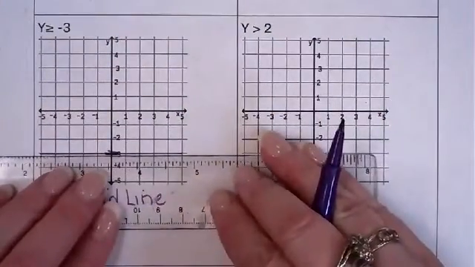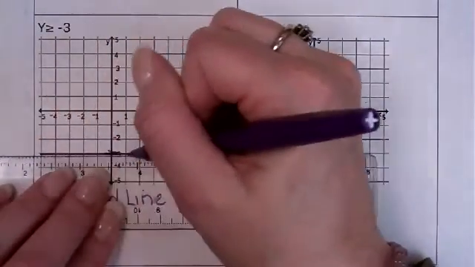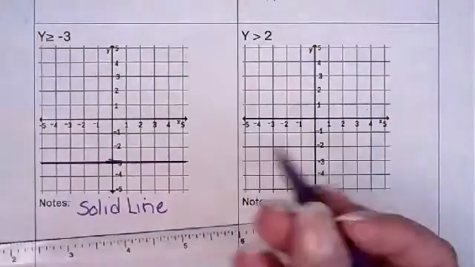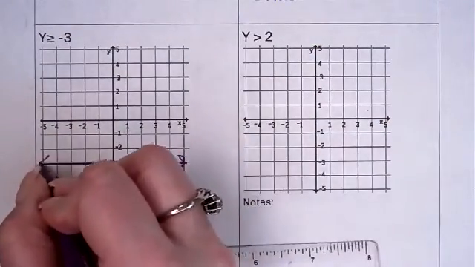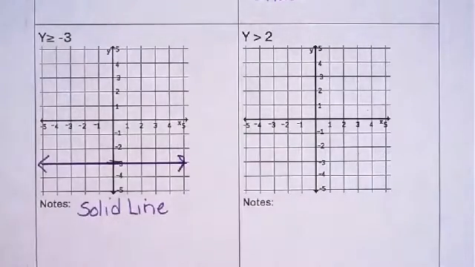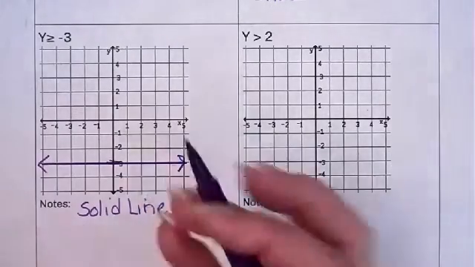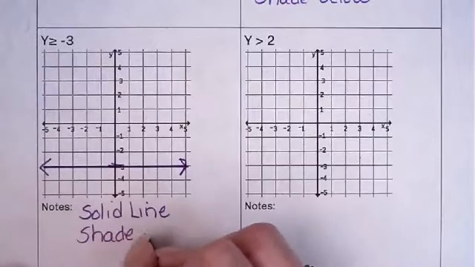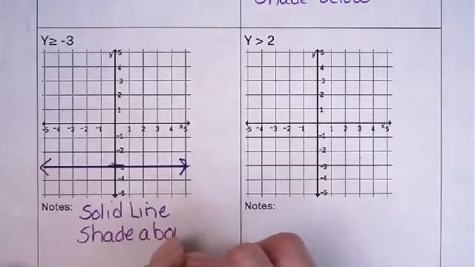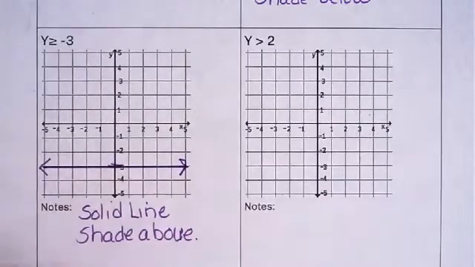Again, you have to really make sure you get it bold-faced so you can see it. Put arrows. Now, since my inequality is greater than, that means I'm going to shade above.